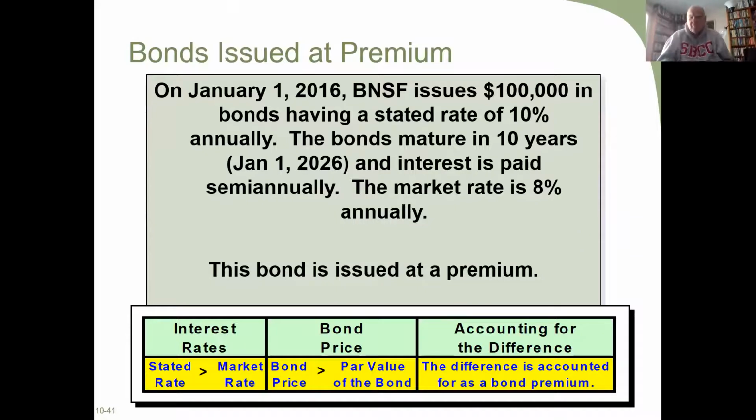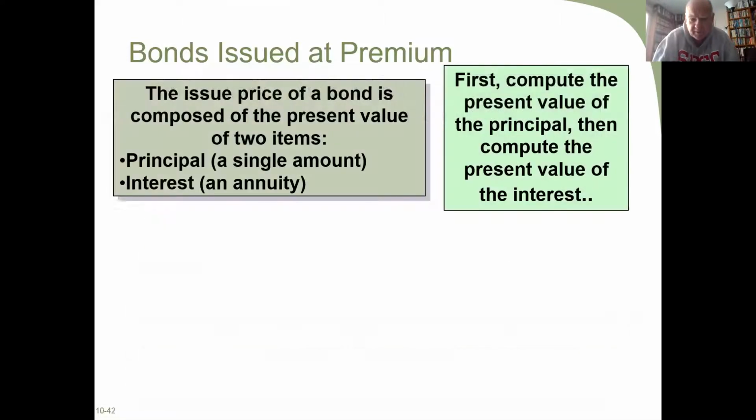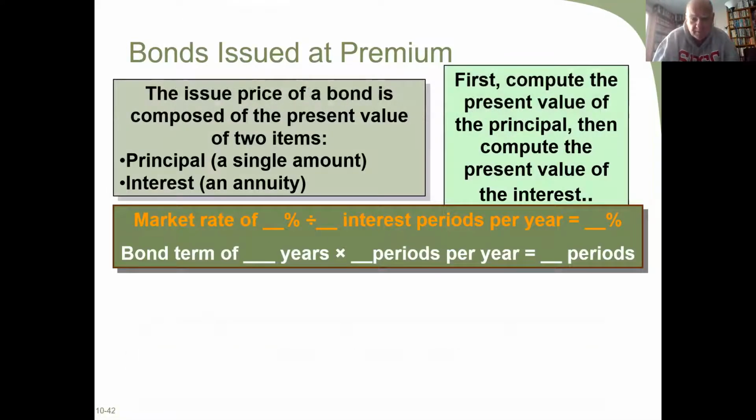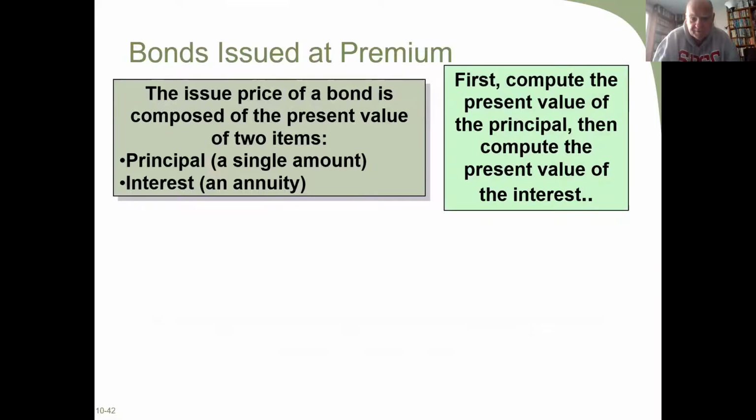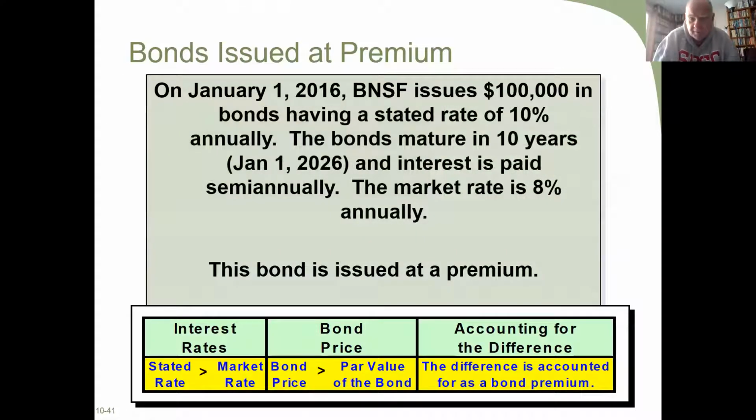Okay, let's talk premium. Premium, can't practice this enough, right? Premium. Now look at this. Our 10% suddenly looks good because the market rate is 8%. So we're going to sell this thing at a premium. Okay. So let's see here. It's a $100,000 bond.